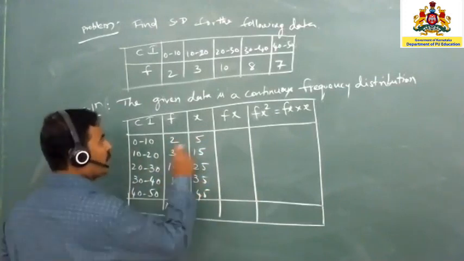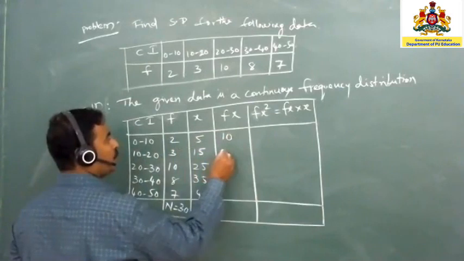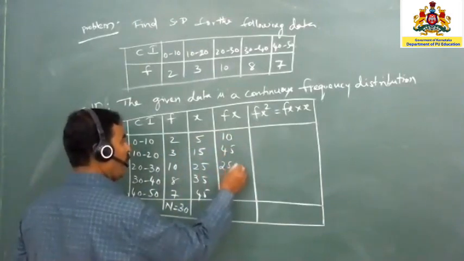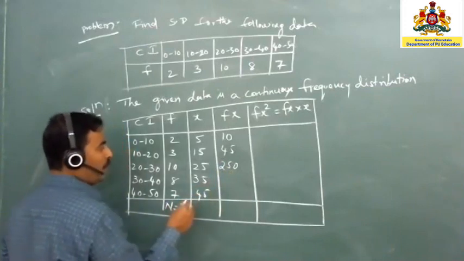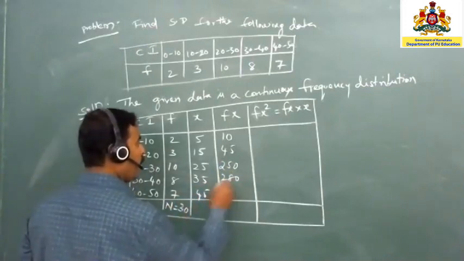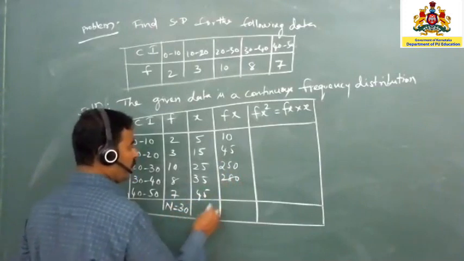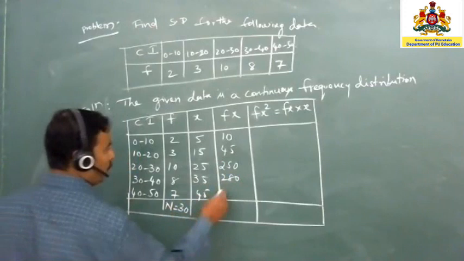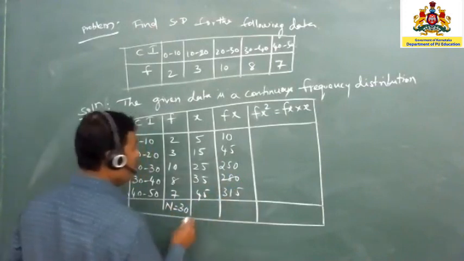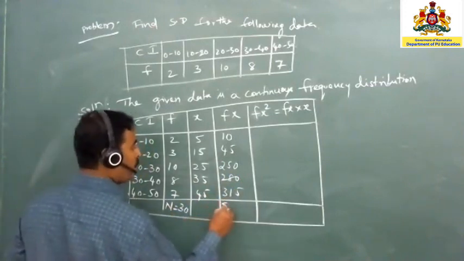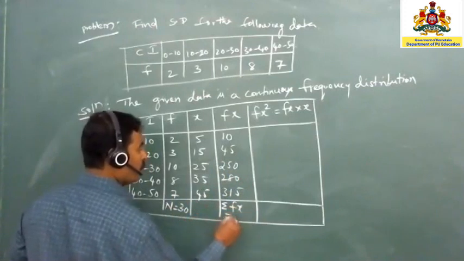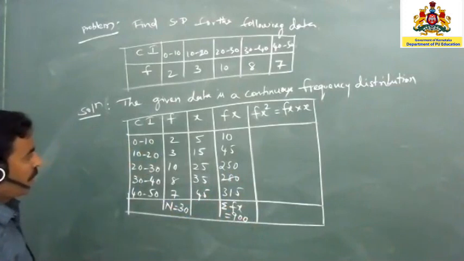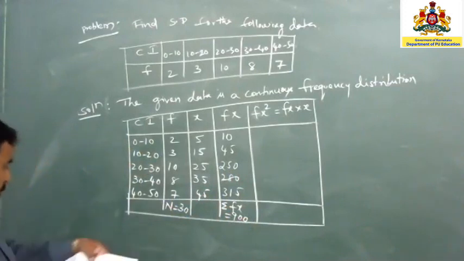Fx: 10, 45, 250, 280, 45 into 7 is 315. Summation fx equals 900.